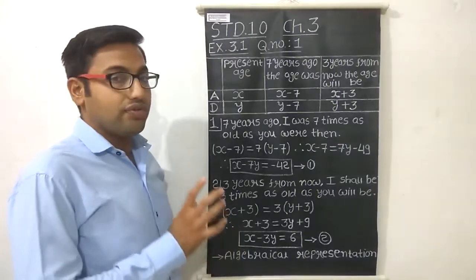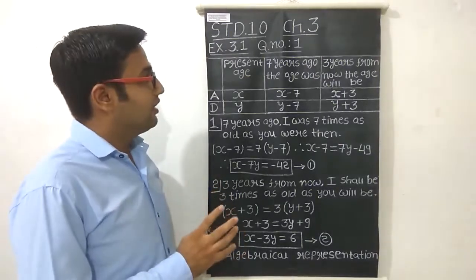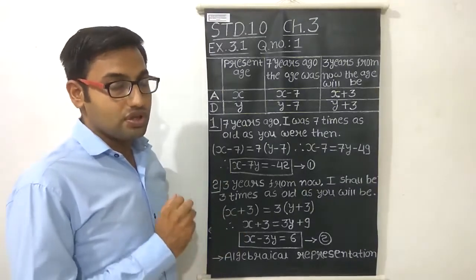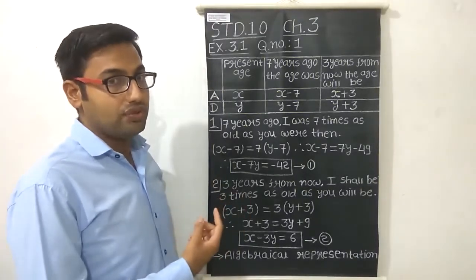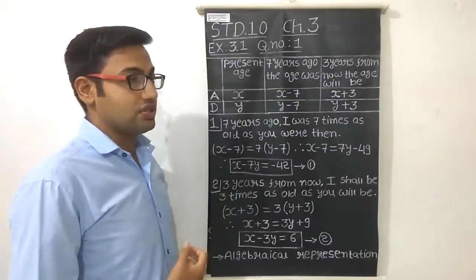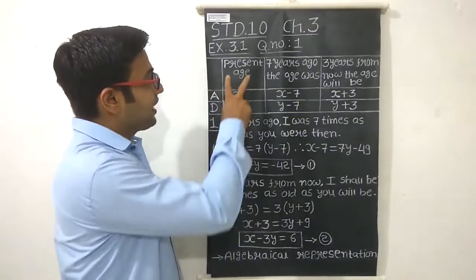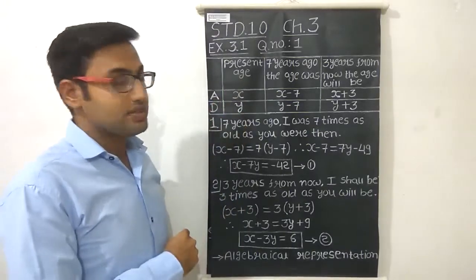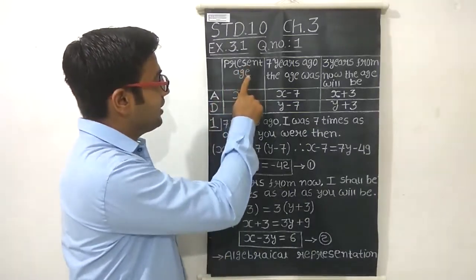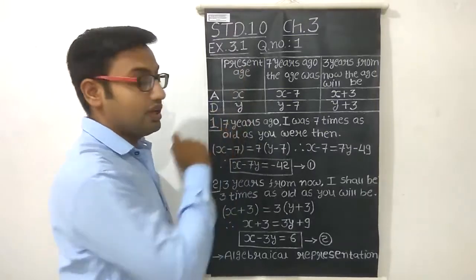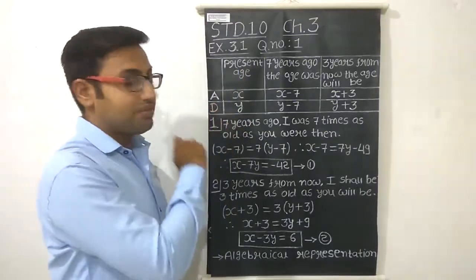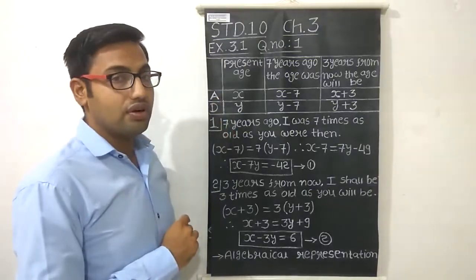As this chapter is about two variables and two equations, we can assume two variables in this question. So let's suppose the present age of Aftab is x years and the present age of his daughter is y years. This is A for Aftab and B for daughter.